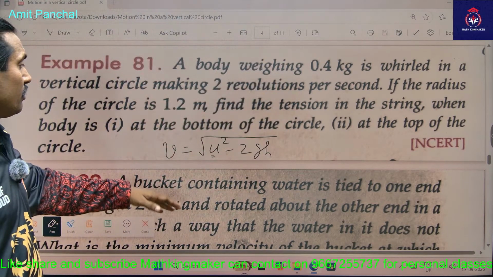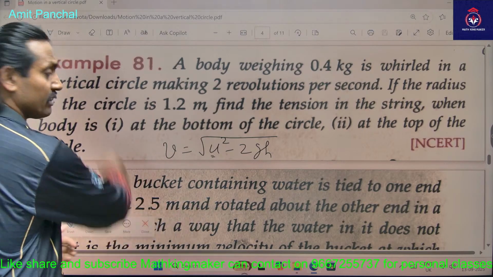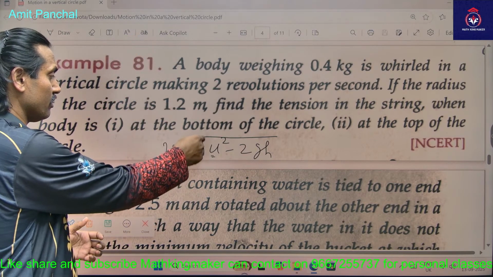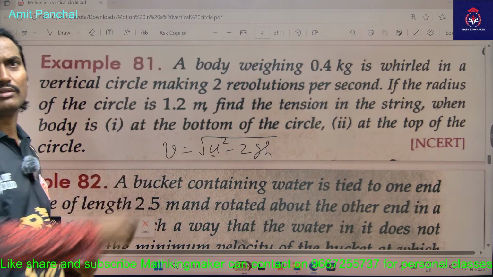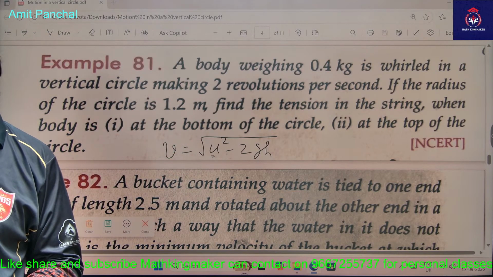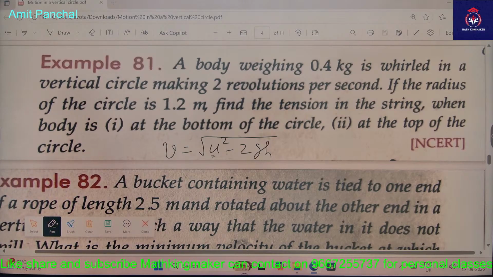But u is the velocity by which it started its motion. What I'm asking is, when I used frequency equal to 1 by t, I found out the initial velocity u, right? Or did I find out something else?